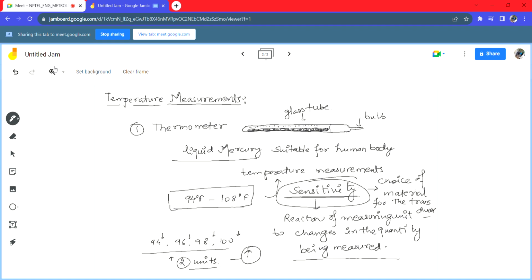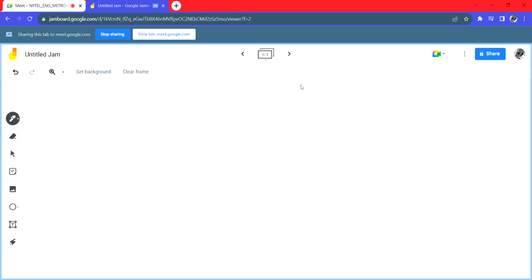Now we have seen in the previous class that transducers are defined as elements that convert some form of energy into electrical form.